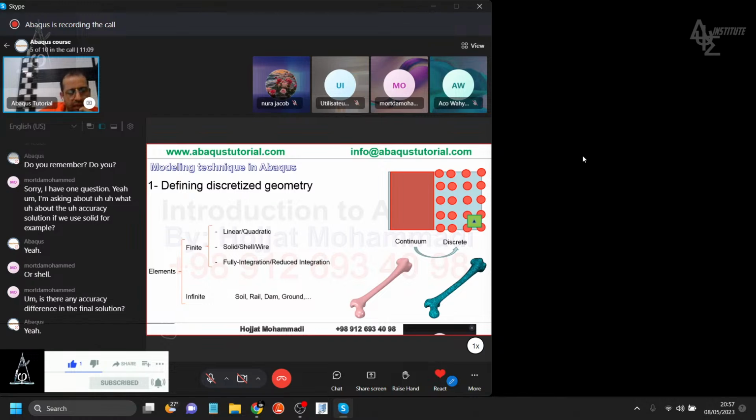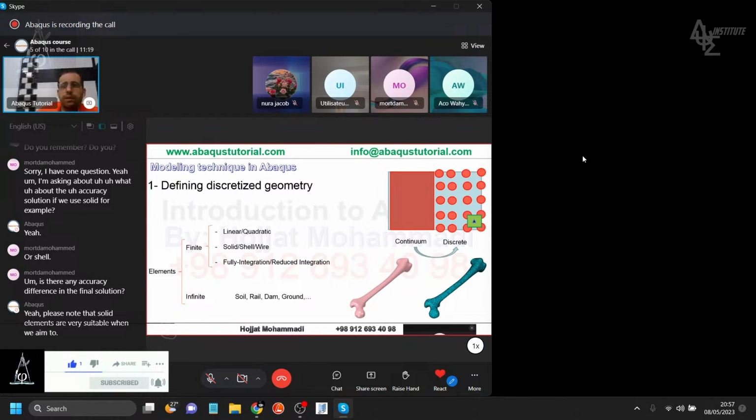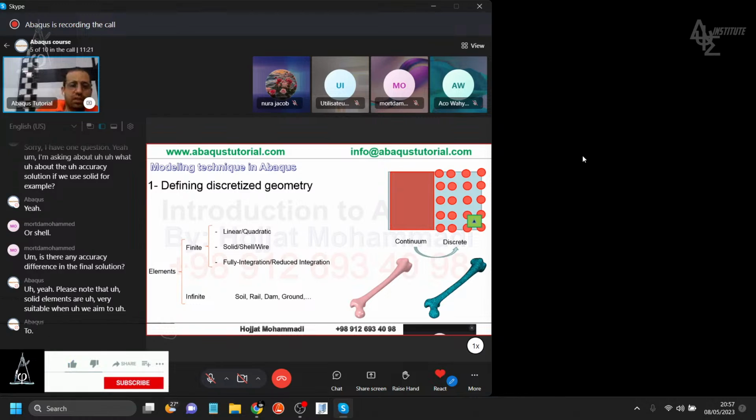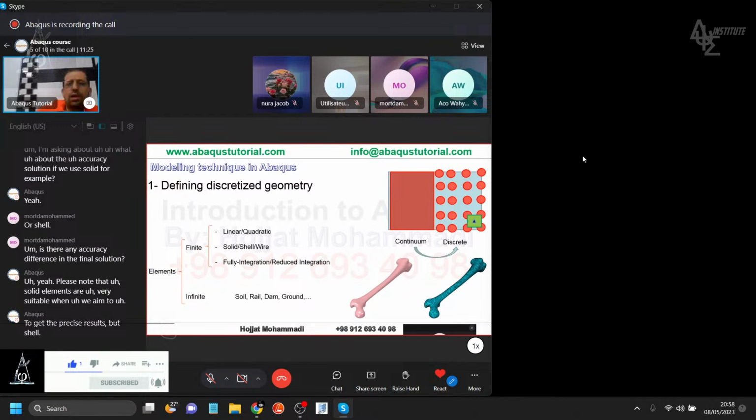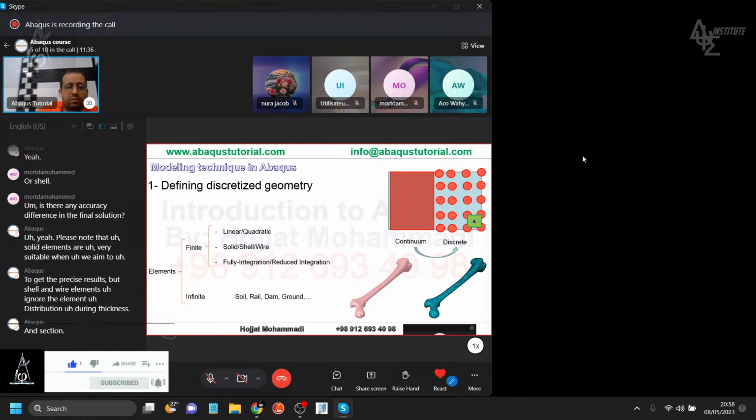Yeah, please note that solid elements are very suitable when we aim to get precise results, but shell and wire elements ignore the element distribution during thickness and section respectively.